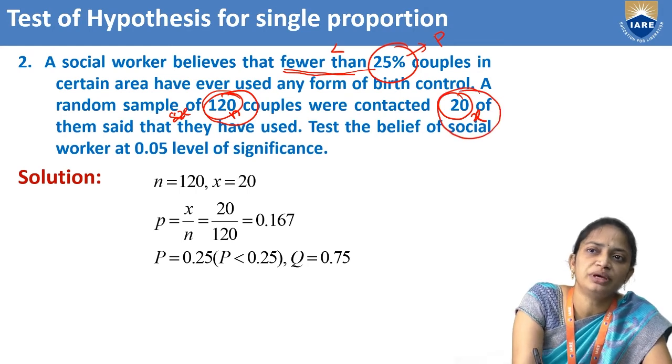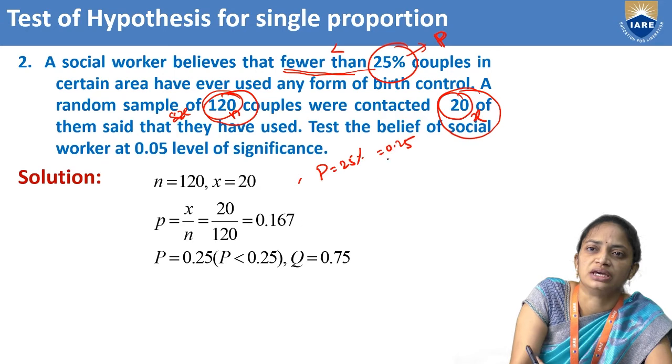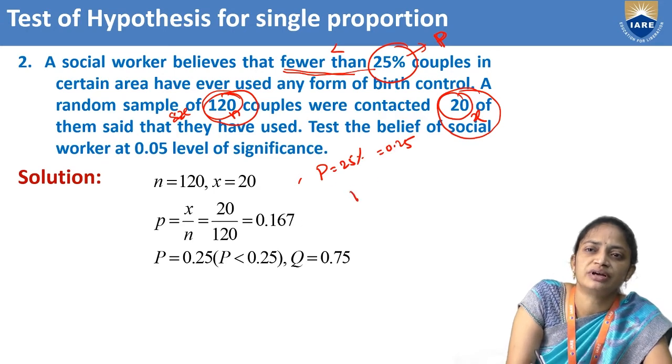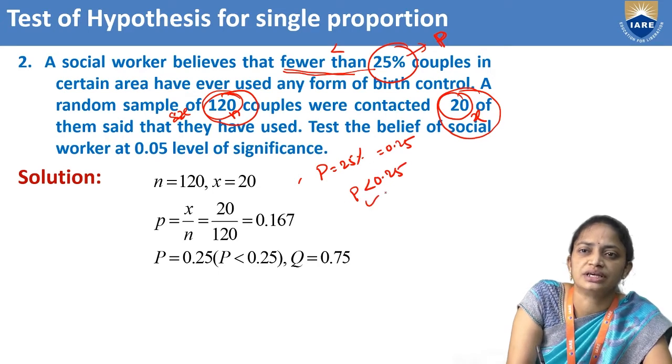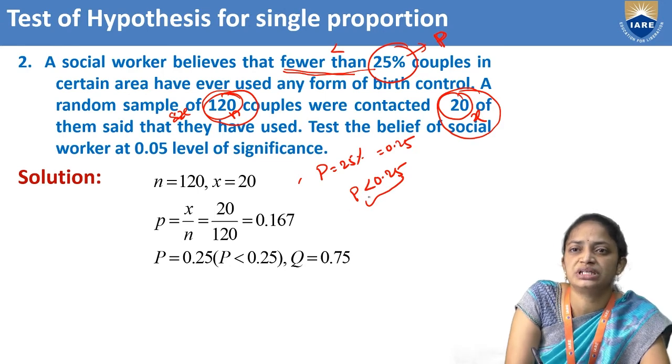And capital P value is 25%, that means 0.25. Before that, one condition is there, fewer than, that means less than 0.25 or less than 25%. So the population proportion is less than 0.25.